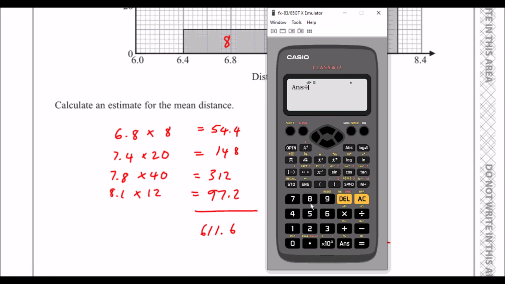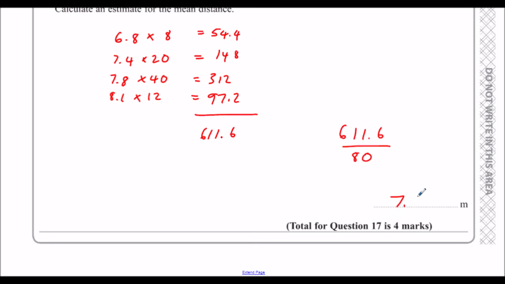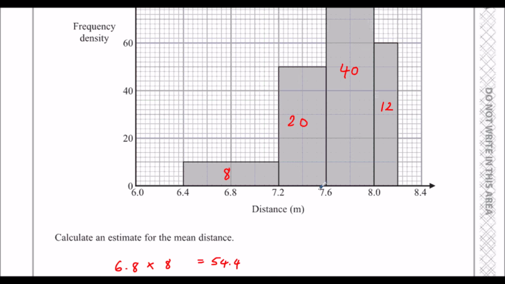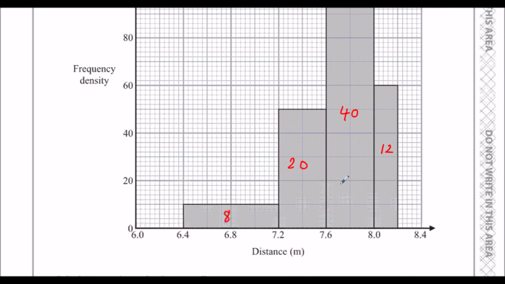So divide by 80, 7.645. 7.645 meters. And that looks sensible. 7.645 looks to be somewhere in the middle of all of them. So it's a sensible answer.